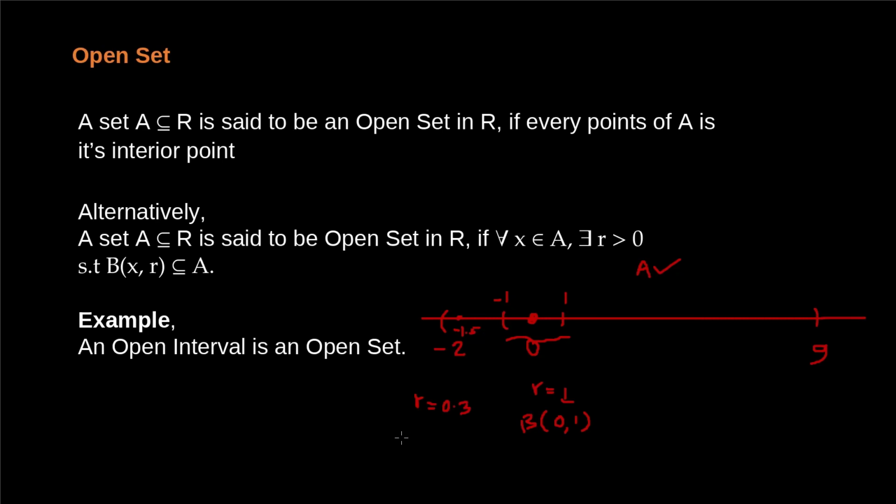So this is the open ball with center at -1.5 and radius 0.3. So -1.5 plus 0.3 will be -1.2, and -1.5 minus 0.3 will be -1.8.